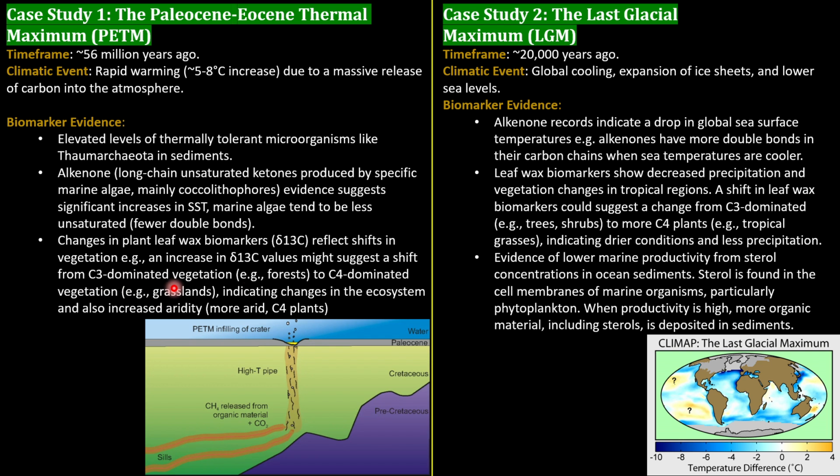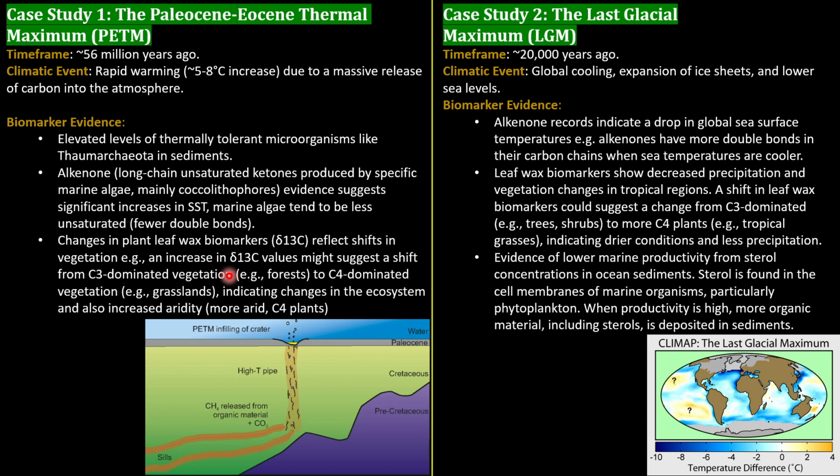Leaf biomarkers of land plants, as we discussed, C3 and C4 plants: C4 will become dominant and increase because aridity will increase with the temperature increase. If the temperature is low, C3 will be dominant. C3 means forest, which means a high precipitation environment.